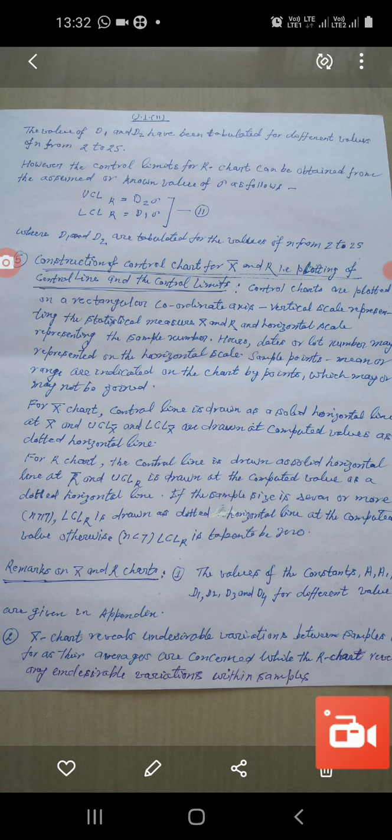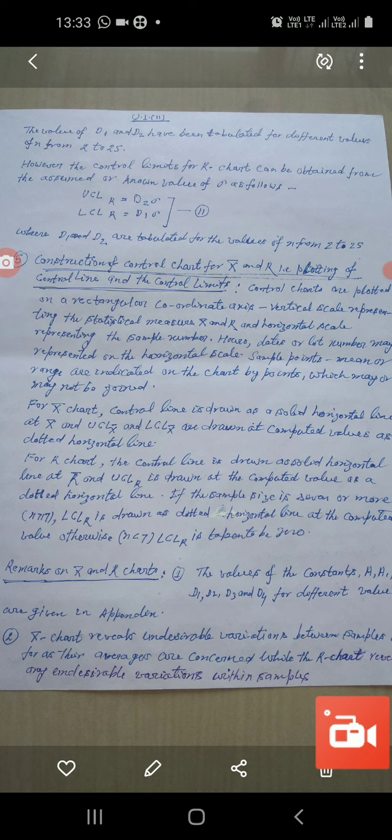For the R chart, the central line is drawn as a solid horizontal line at R bar, and UCL R is drawn at the computed value as a dotted horizontal line. And if the sample size is 7 or more, that means n is greater than or equal to 7, then LCL R, means lower control limit, is drawn as a dotted horizontal line at the computed value.